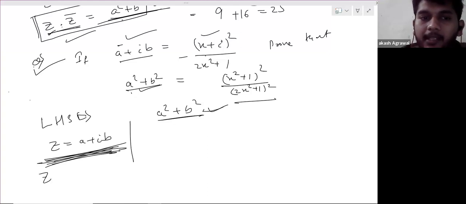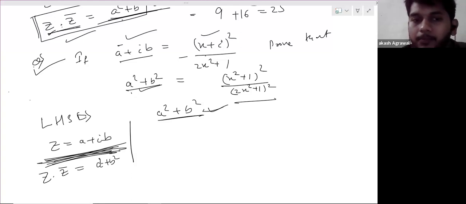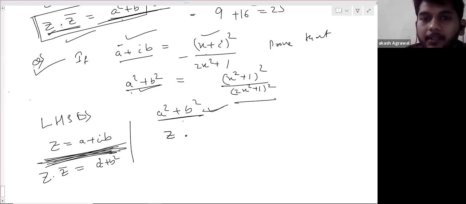Can I say z times the conjugate of z will be equal to a square plus b square? Yes or no? Absolutely correct. So can I say this is z times the conjugate of z, right?